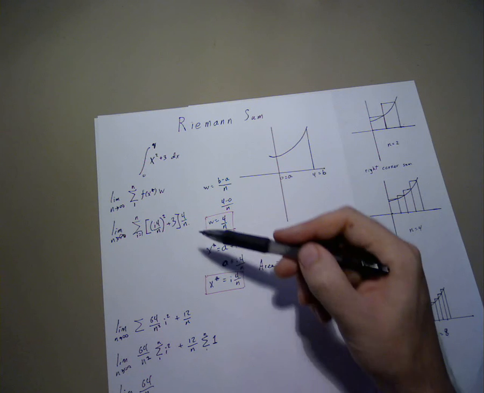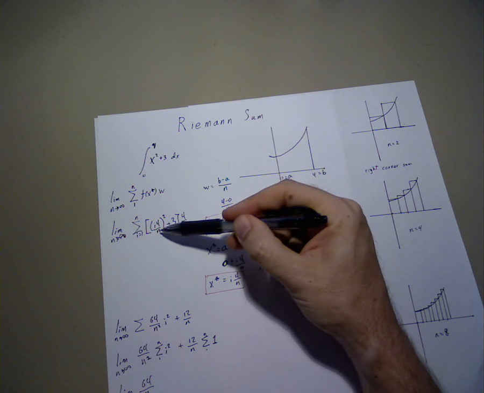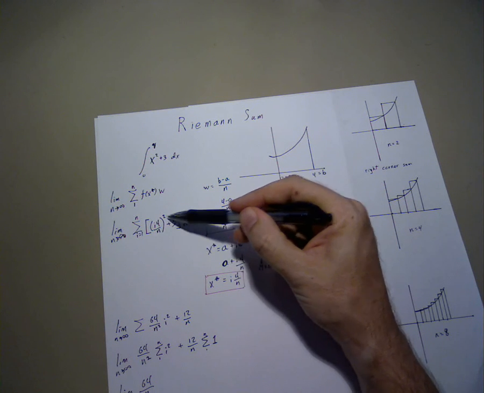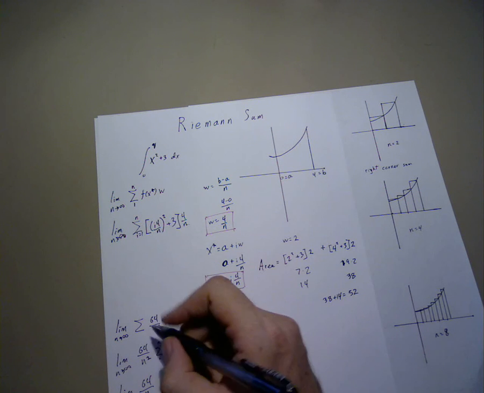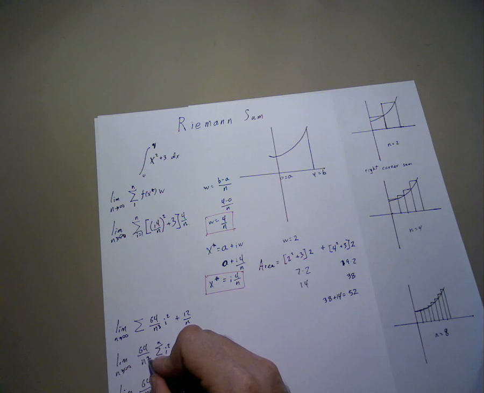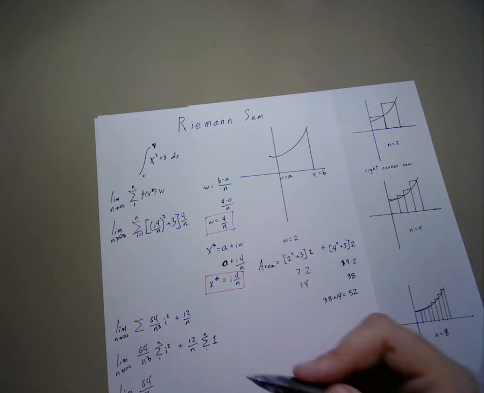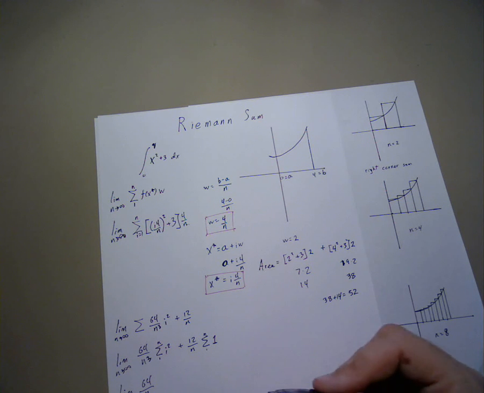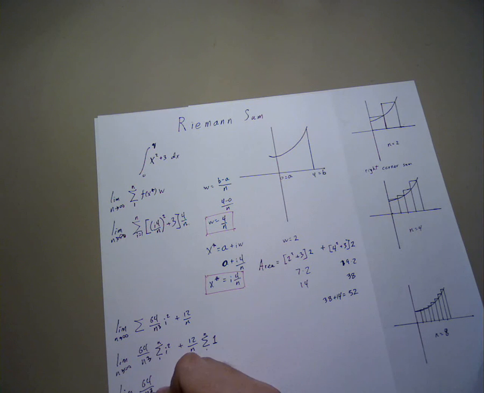Wait a second. This right here became an n squared because of that. That n should have made that become an n cubed. Be very careful with your n's. They will come back and bite you. So this is n cubed. That makes a big difference.